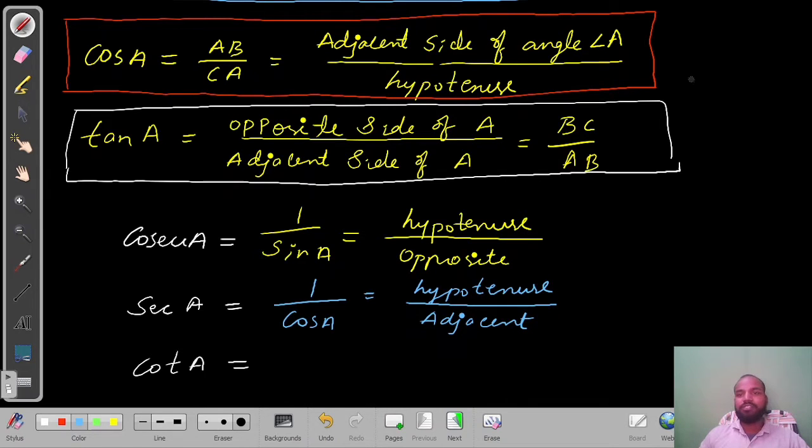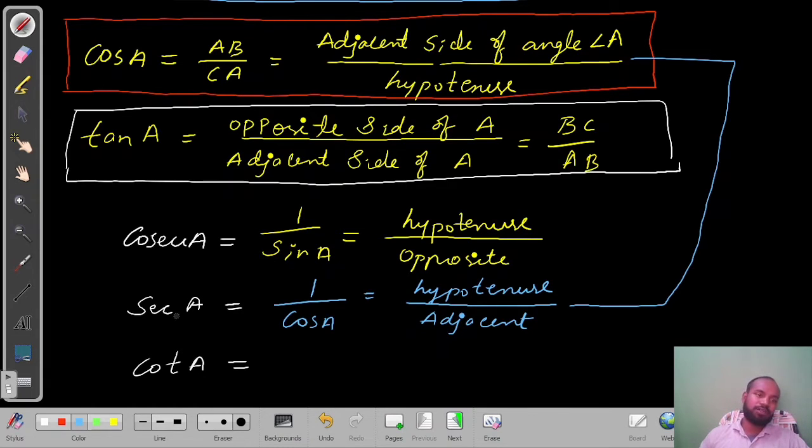See here, quite opposite. Yes or no? Both are quite opposite. Okay? Next, sec A is also completed. If someone asks you what is sec A formula, sec A formula is hypotenuse by adjacent. What is cosec A formula? Cosec is hypotenuse by opposite.